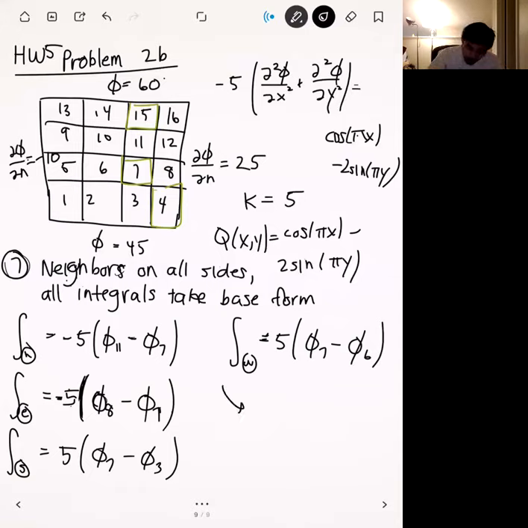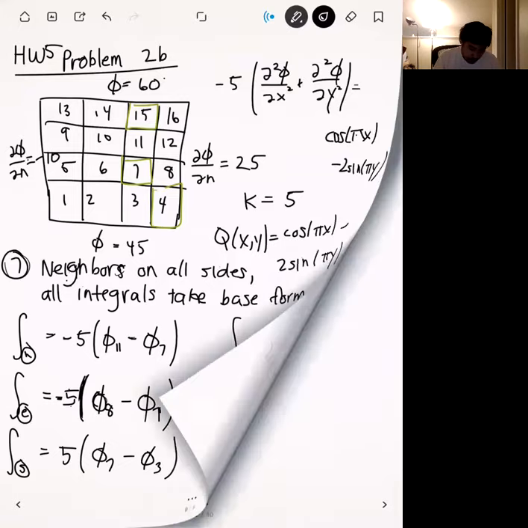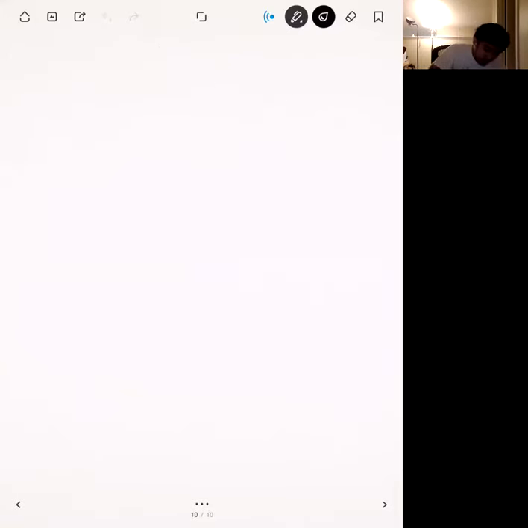And so now all we have to do is just add all these together. And then that will give us our expression here, okay? All right, and so adding all of them together, what we have is a minus 5 out in front times phi 11 plus phi 3 plus phi 8 plus phi 6 minus 4 phi 7, okay?